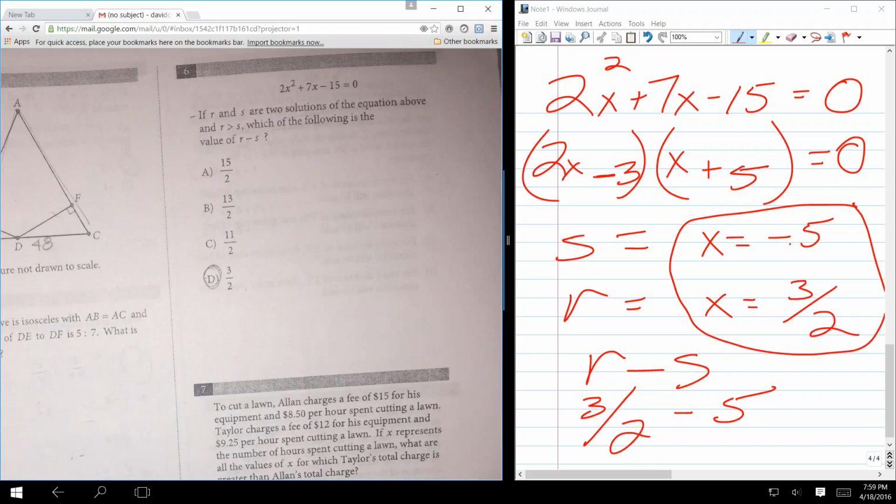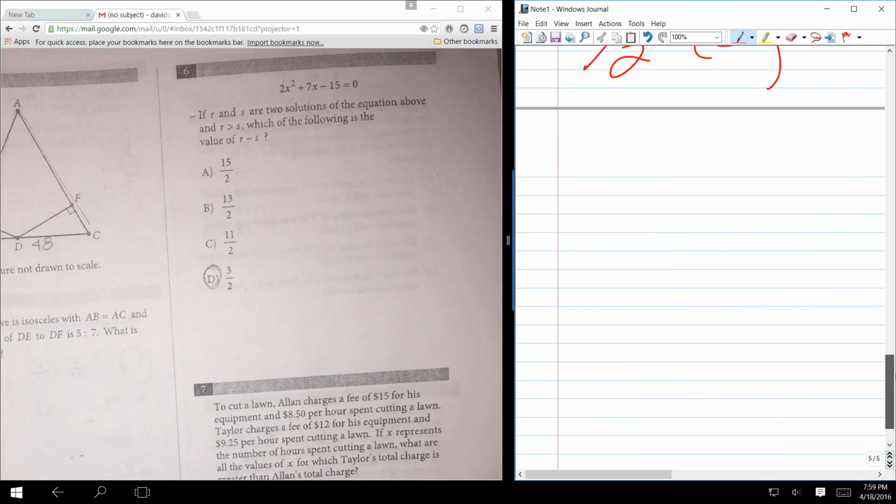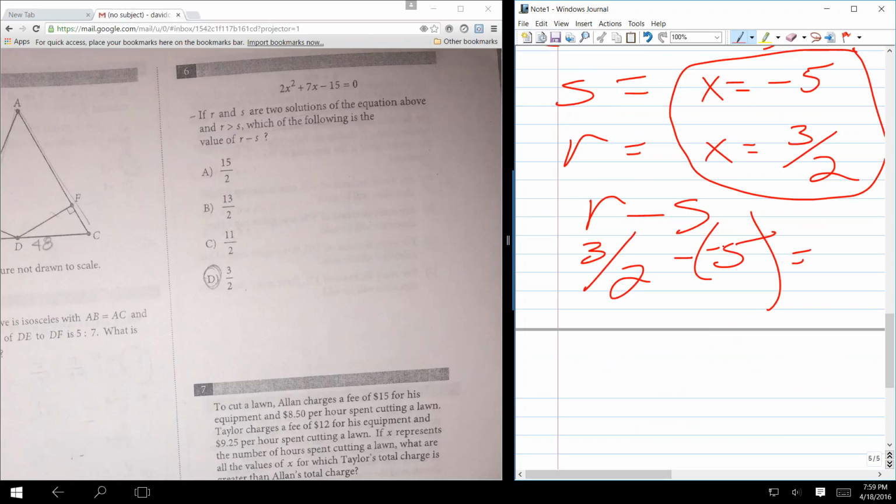Yes. Very good. Thank you. So what's my solution now? What's 3 halves plus 5? It's 13 over 2. Correct. Because that's 10 halves. Those turn to plus, so I get 13 over 2.